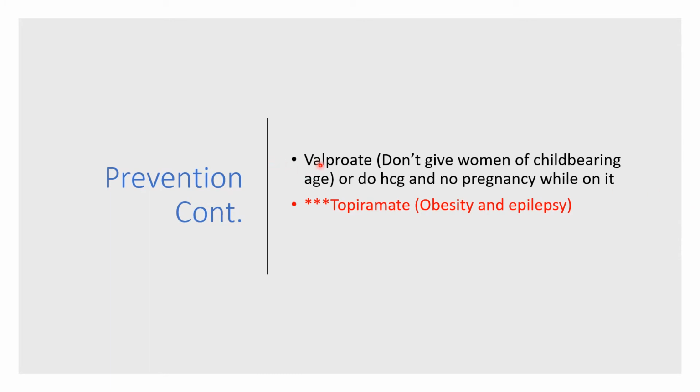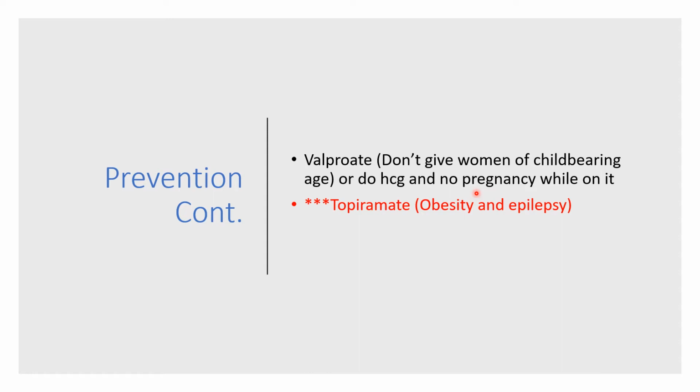Anti-epileptic drugs could also play a good role here, like valproate, but you don't give valproate in pregnant women or women of childbearing age. Why that? Teratogenicity. In fact, it will be advisable that you have a human chorionic gonadotropin test and make sure there's no pregnancy while on valproate.